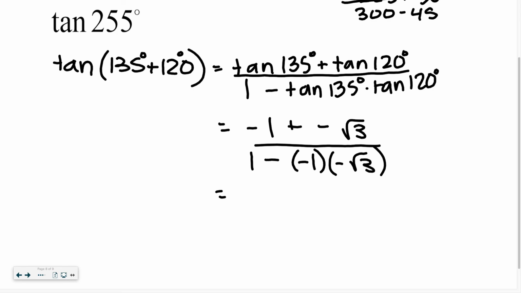This will simplify to be negative 1 plus negative square root 3 all over 1. Three negatives will still be a negative, right? And then 1 times square root 3 is square root 3.